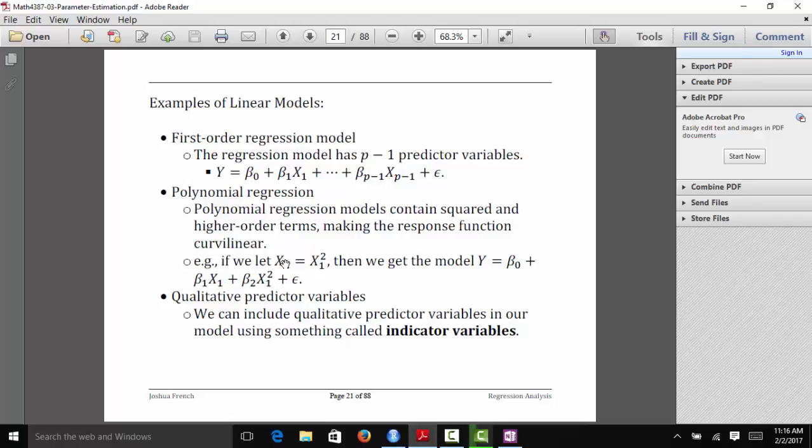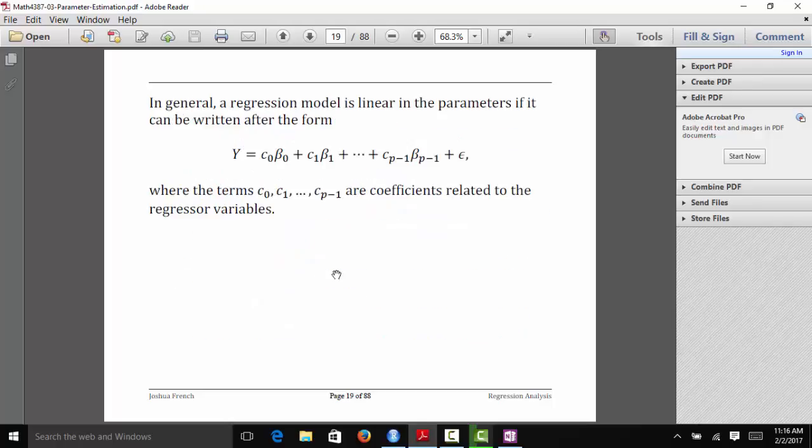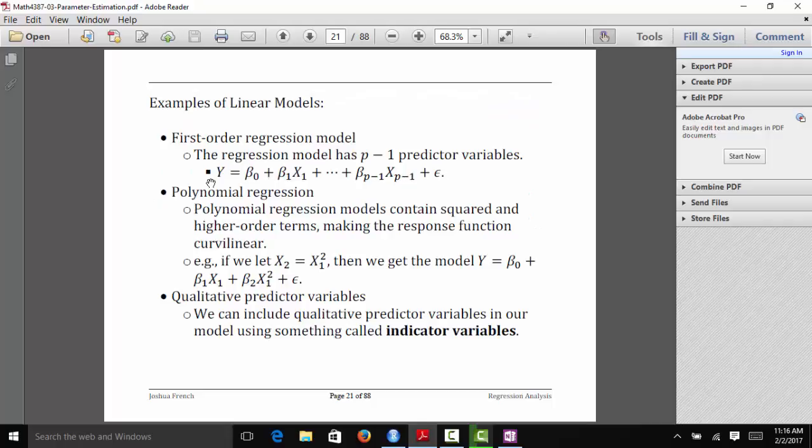Let's let x2 equal x1 squared. Then another example of a linear model is y equals beta naught plus beta 1 x1 plus beta 2 x1 squared plus epsilon. Even though this is going to be curved if we plot it, it still fits this form, and so it is in fact a linear model.